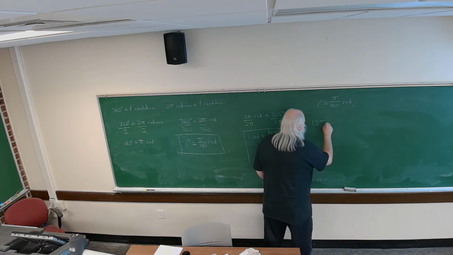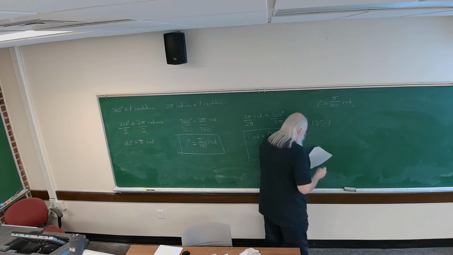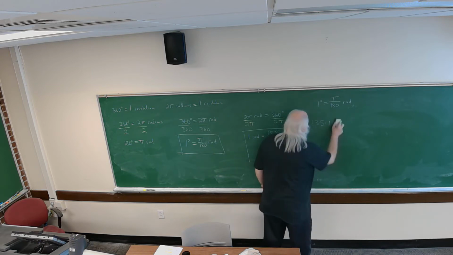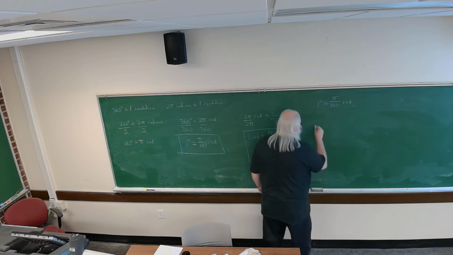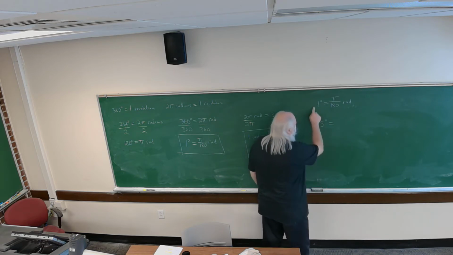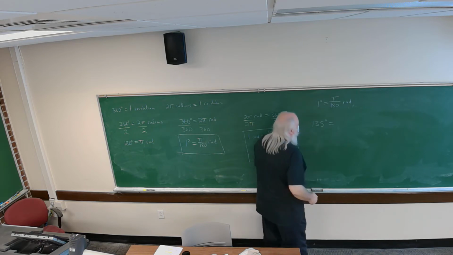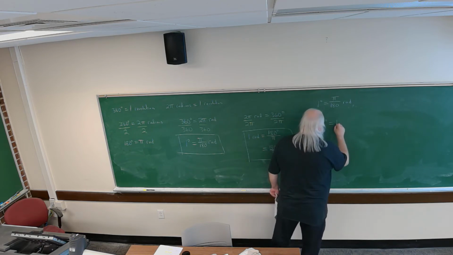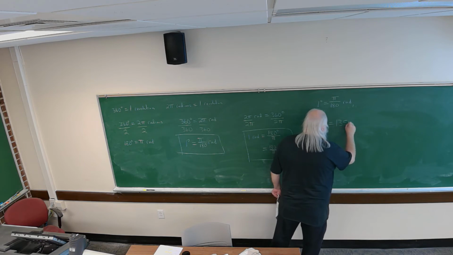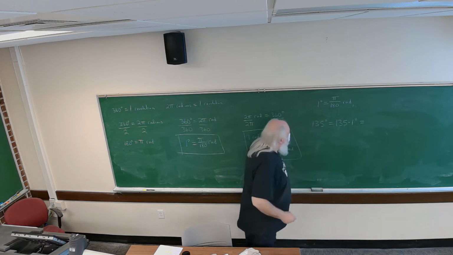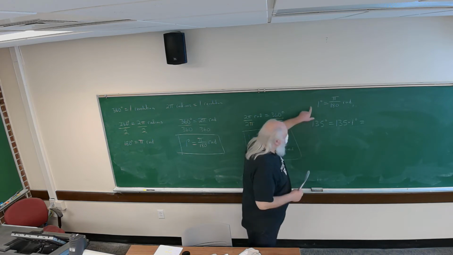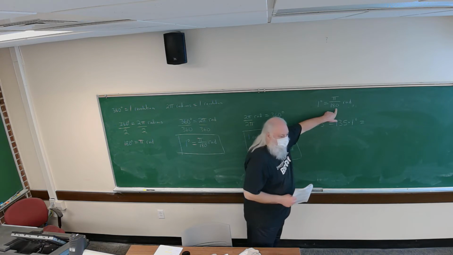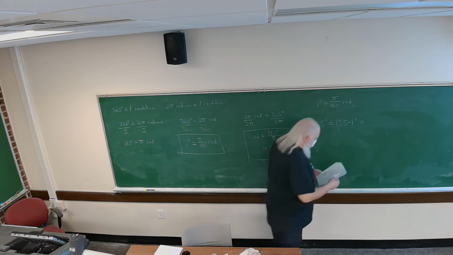Let me rewrite this. 135 degrees is the same as 135 times 1 degree, which is right. So I'm multiplying the left hand side by 135. Now I gotta multiply the right hand side by 135.